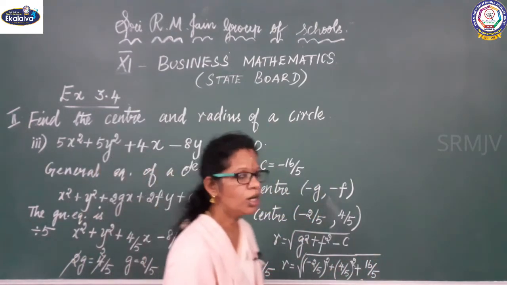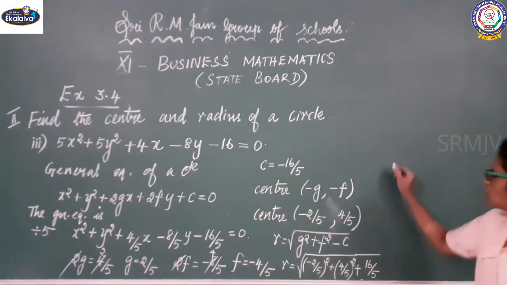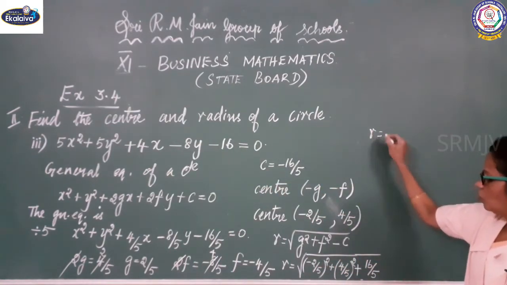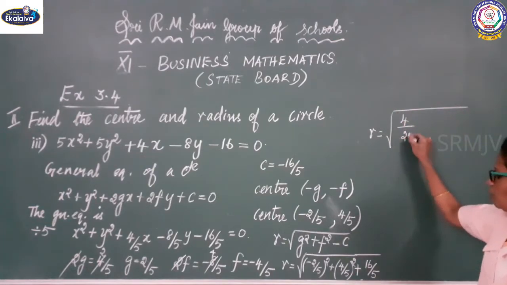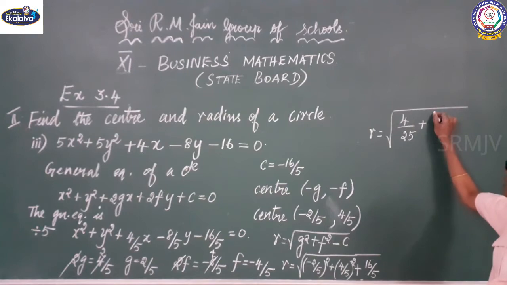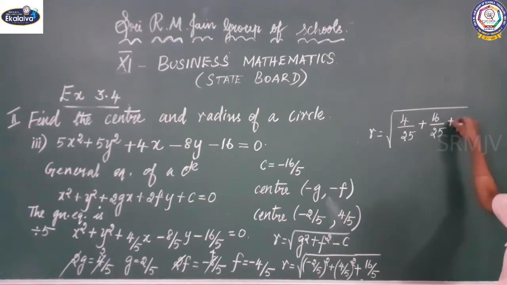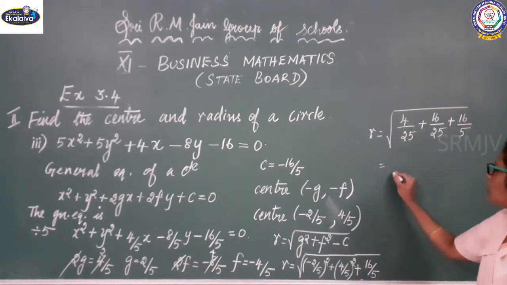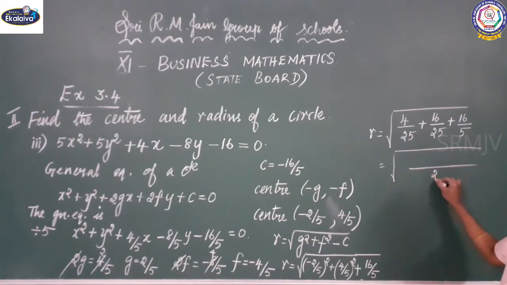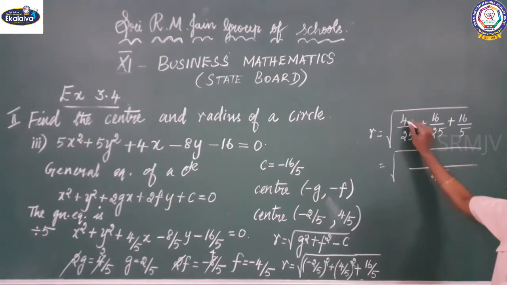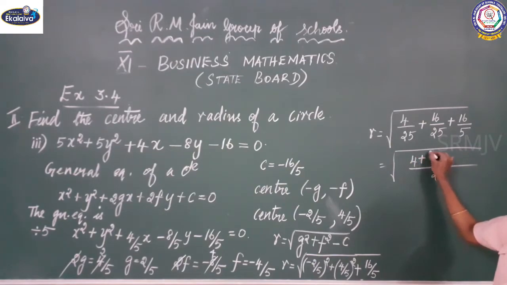Now you are going to simplify. r equal to square root of 4 by 25 plus 16 by 25 plus 16 by 5. I have to take the LCM, where LCM is 25. 4 plus 16.